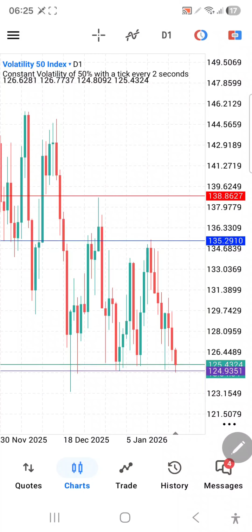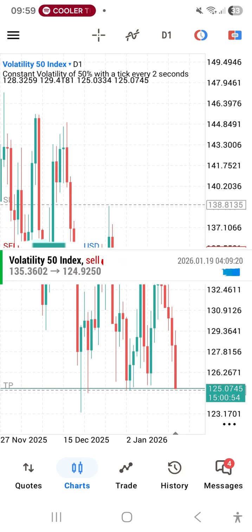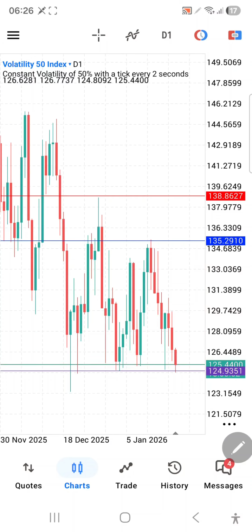You could see this was when the trade hit take profit. Even though this trade took longer than I expected, it was worth it. Seven solid days was what this trade took to hit take profit.